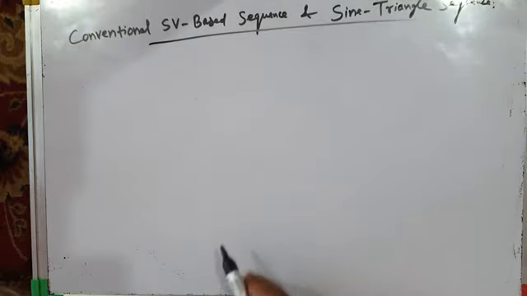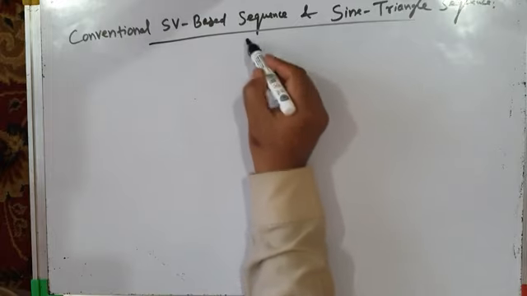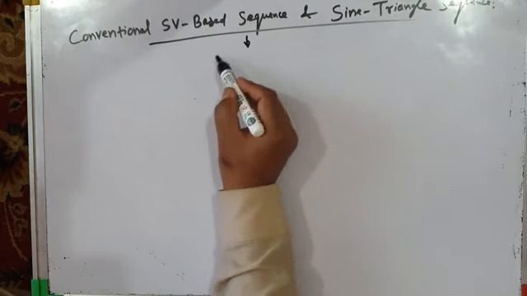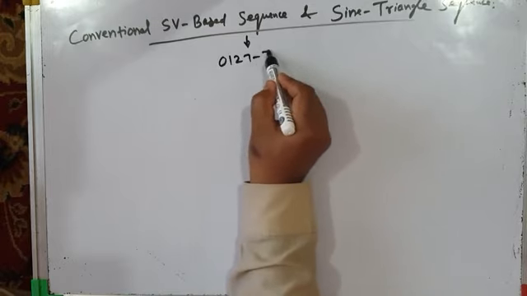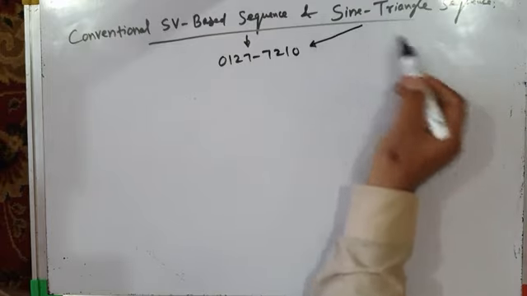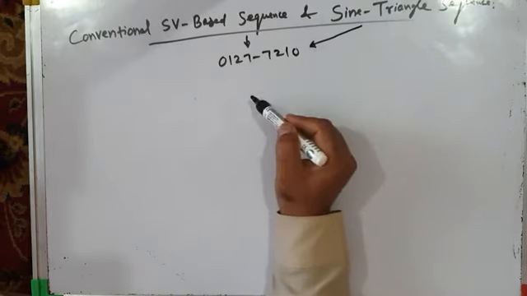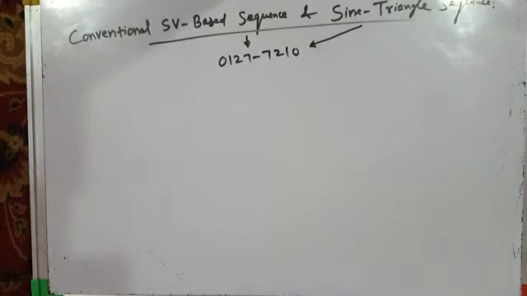Now, if you see conventional space vector based sequence, for example, if you consider sector 1, it is 0127-7210, and sine triangle PWM also gives the same sequence, 0127-7210, but there is one difference between the two.